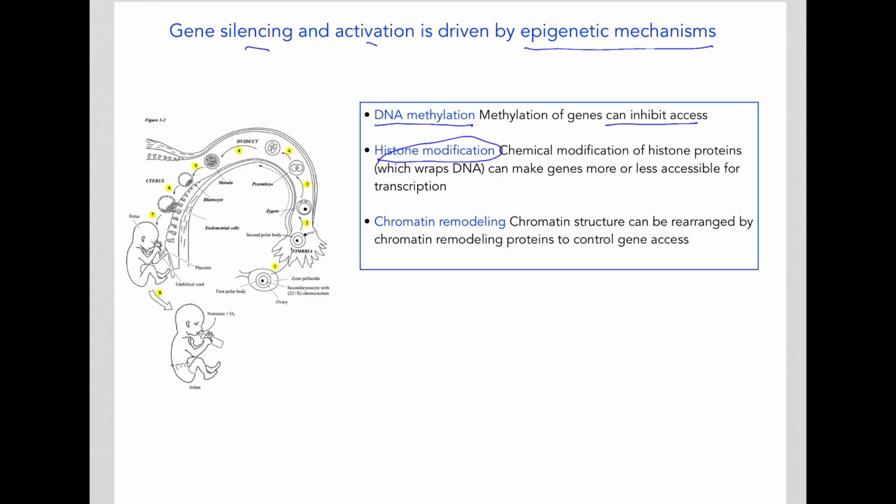Remember, histone proteins wrap the DNA, and that can make the gene either more or less accessible for the transcription machinery. Another epigenetic mechanism is chromatin remodeling. Chromatin structure can be rearranged by chromatin remodeling proteins, and this will allow the cell to control which genes get access and which genes will not be accessed by proteins.